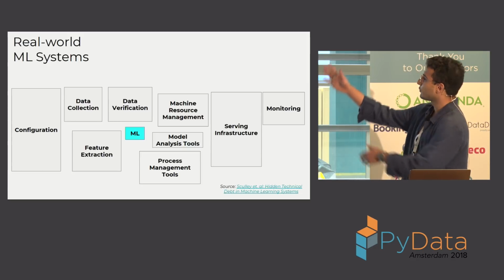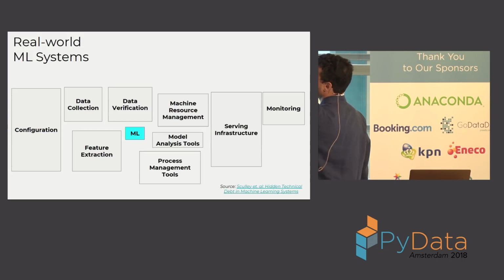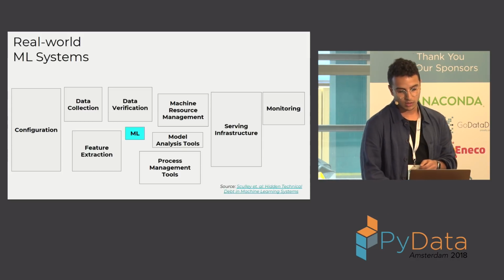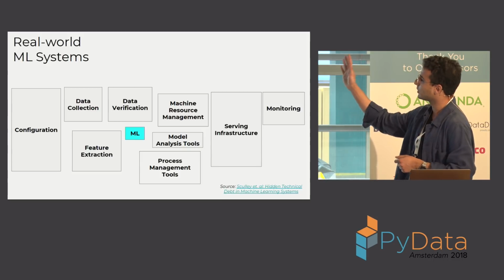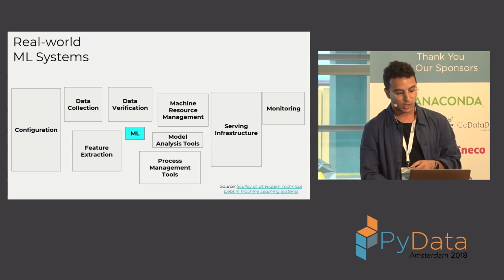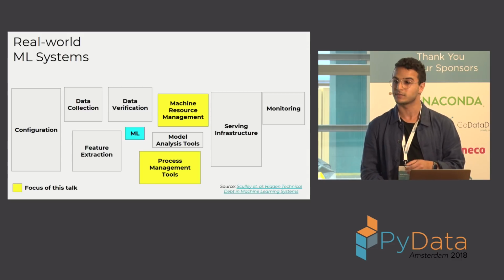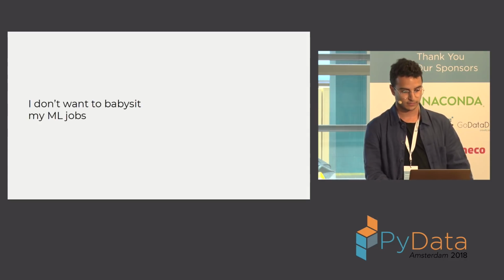And I kind of want to differentiate between, let's say, the left part where you do the preparation, the part in the middle where you do the training, and then on the right where you do the serving. And I think yesterday there was a talk about how to monitor these models in production, but that's not really the focus of this talk. We're kind of focusing now on the resource management, like the hardware management and process management. So how to do this during the training phase.